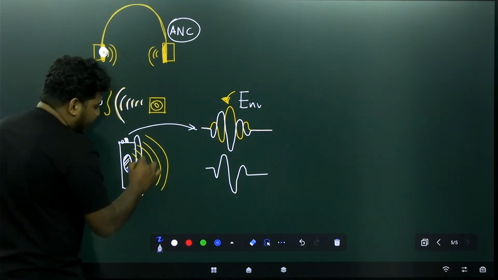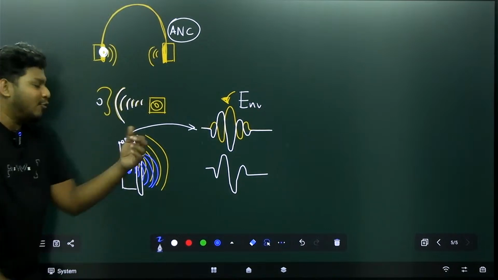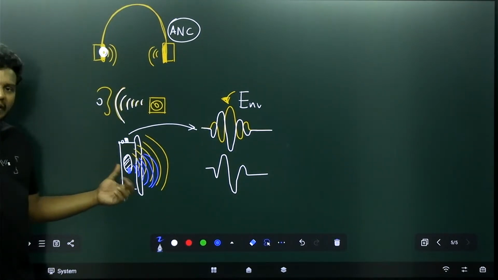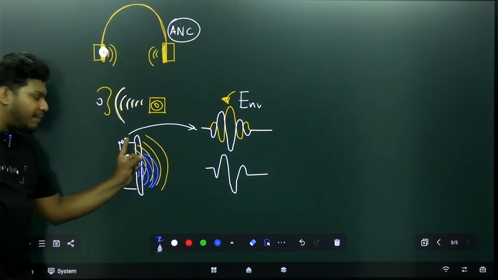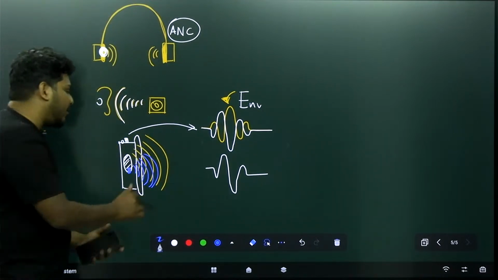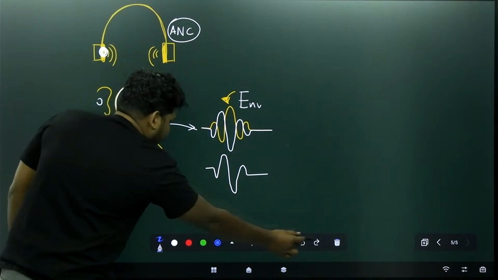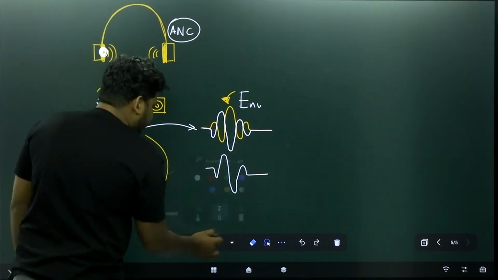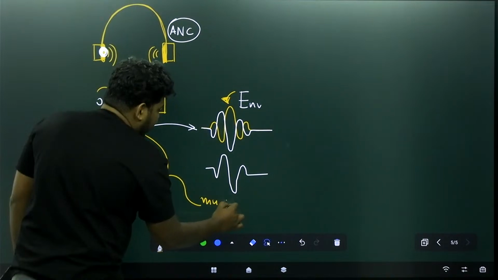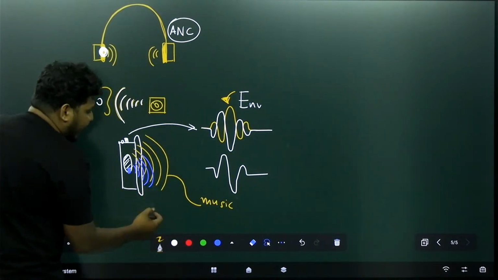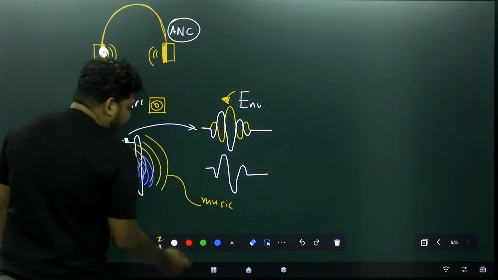There are no two speakers, just one speaker. It is creating the pure music sound. So this is music sound, and this is the active noise cancellation.